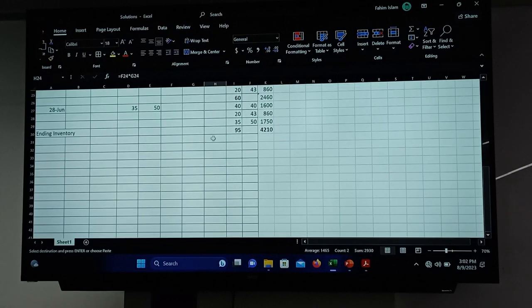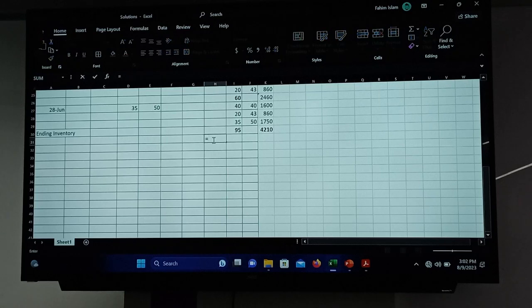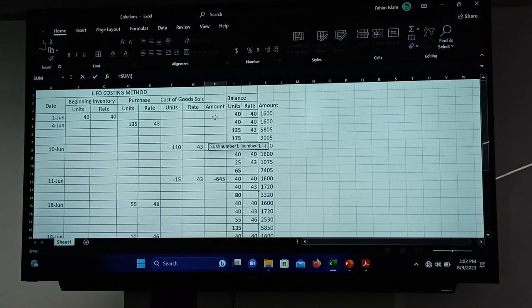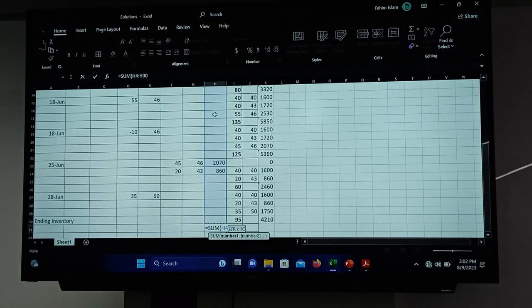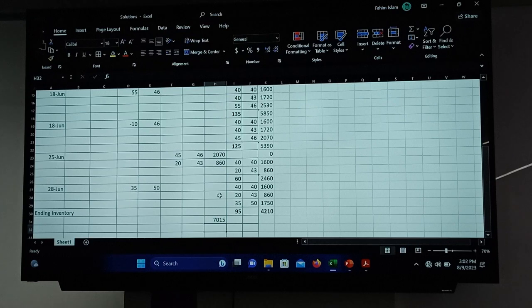And now we can add this. We have got our cost of goods sold.